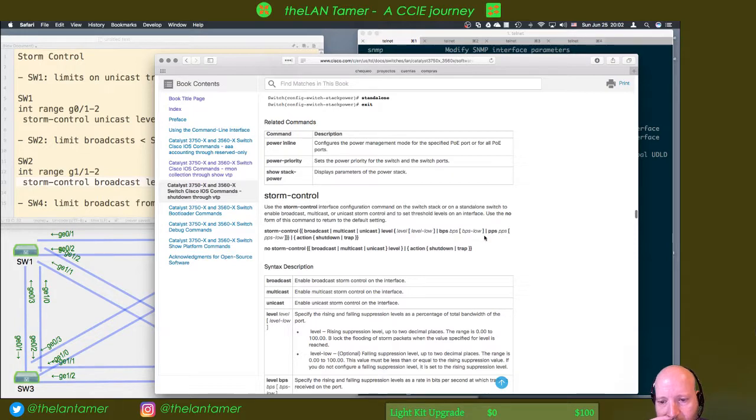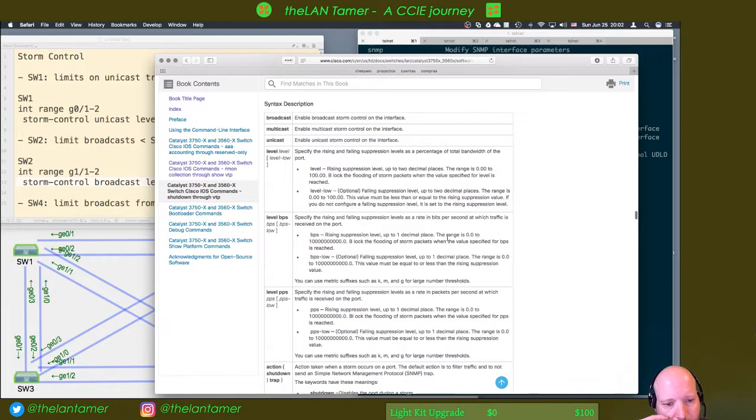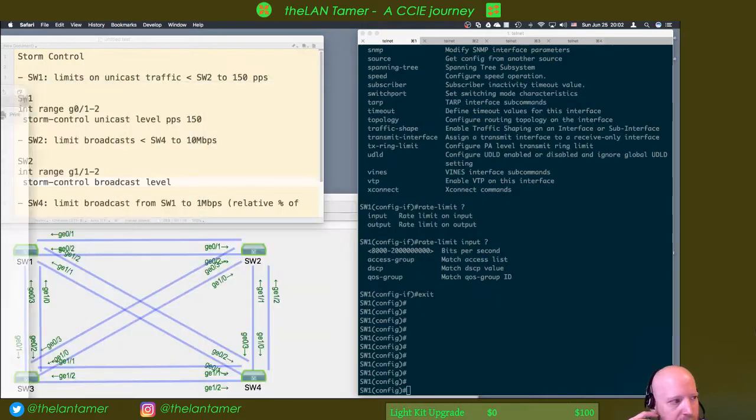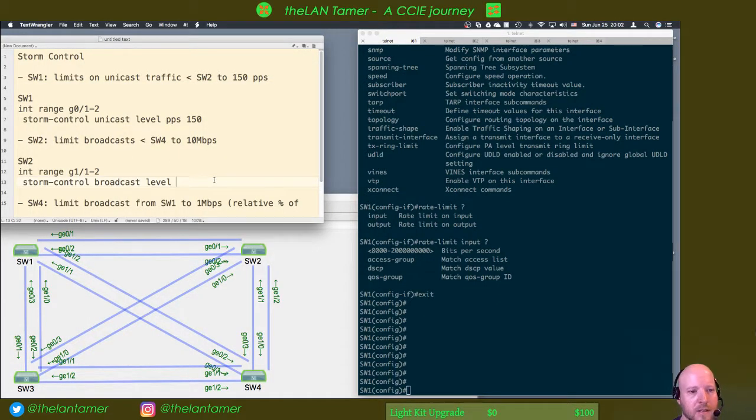BPS, okay. And what does it tell me here? Rising suppression level, the range is 0 to something, so we've got to go bits per second. We've got to type out some zeros here. BPS, not too many. 1 bit, 10 bits, 100 bits, 1 megabit, 10 megabits per second.